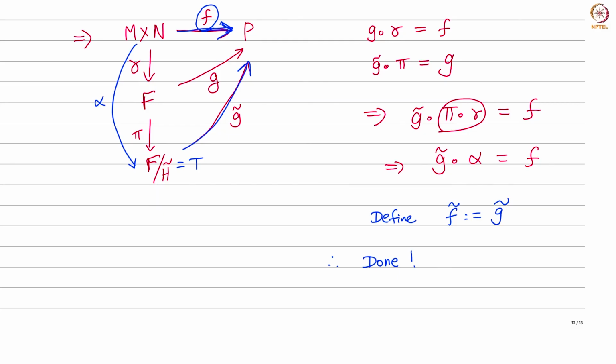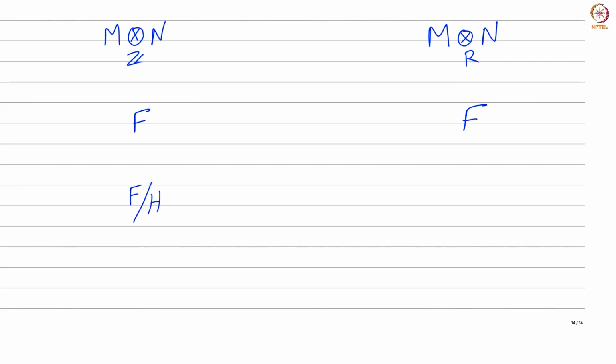Okay, and in fact, you can see how these two constructions mesh together. The earlier construction, when we talked about M tensor N over Z versus M tensor N over R, the construction proceeded along the same lines. I first took the same free abelian group F, but the difference lay in what I went modulo. In this case, I go modulo H, which was only the subgroup generated by the first two kinds of generators. Whereas here I go modulo H tilde, which also has a third kind of generator.